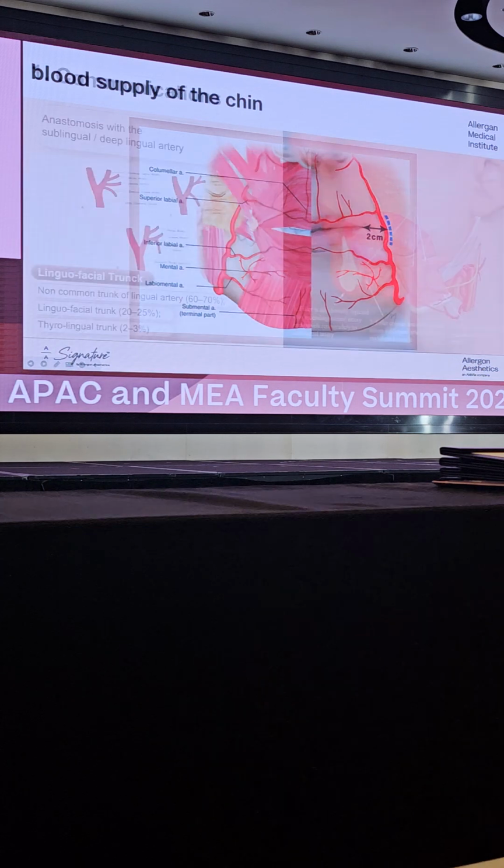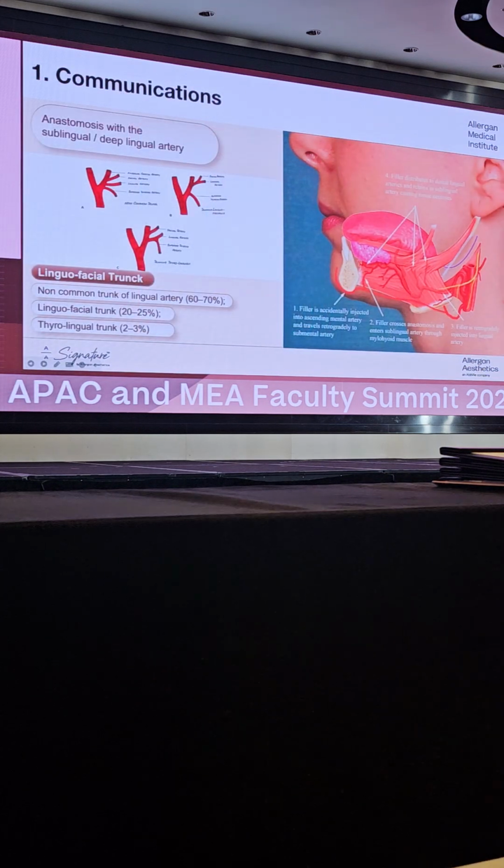These arteries arise from the facial artery, which arises from the external carotid artery. There are many communications between the submental artery and the lingual artery. That is why injection into the submental artery can cause necrosis of the tongue.